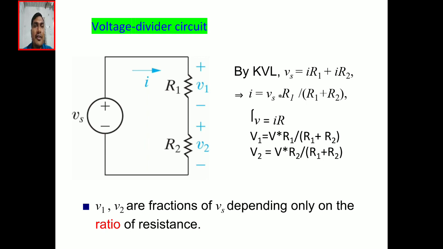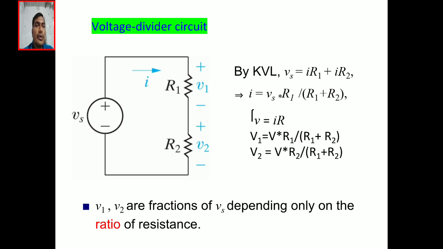By solving this equation and substituting, V1 equals I into R1, and I equals V by R1 plus R2, because R1 and R2 are in series.